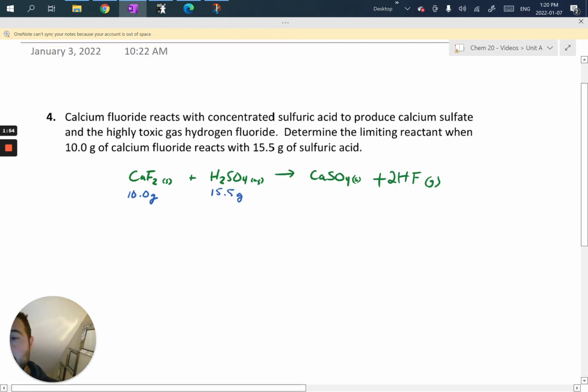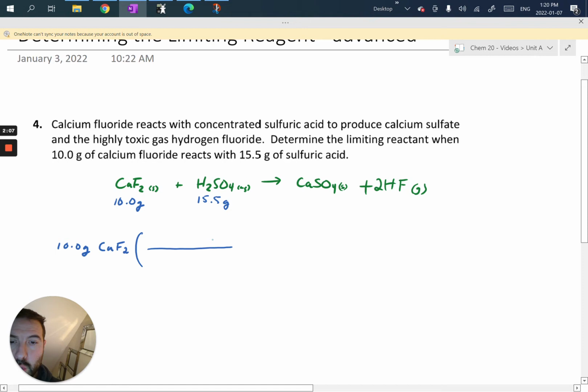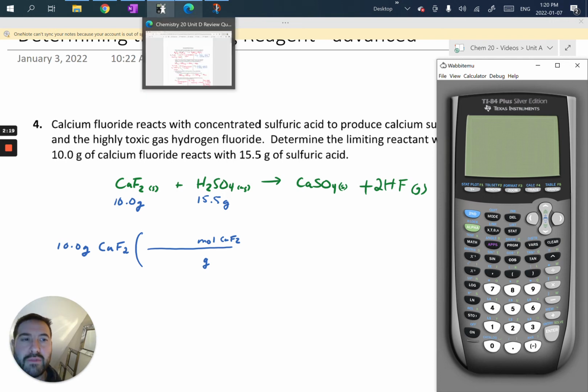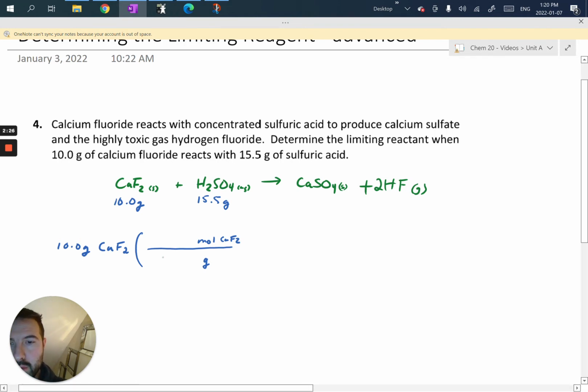Let's work this out. I'm going to start with my CaF2. I have 10.0 grams of CaF2. Whenever I'm comparing two things in stoichiometry, I always need to get to moles, and I can do that using a conversion factor of a molar mass. The molar mass of CaF2, which I've calculated before, is 78.08 grams per mole.